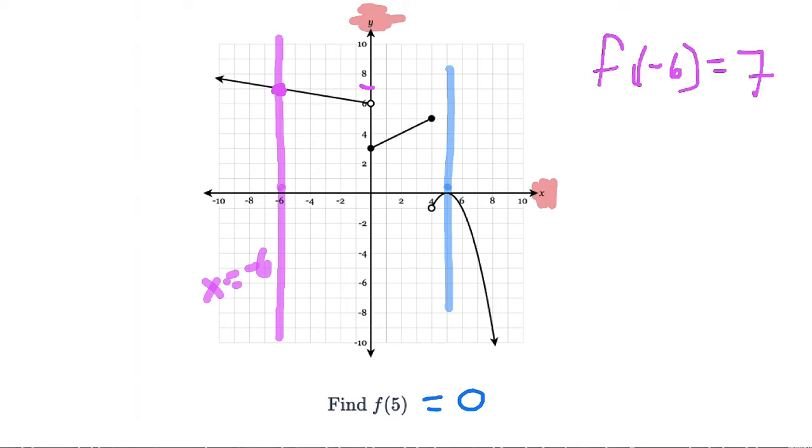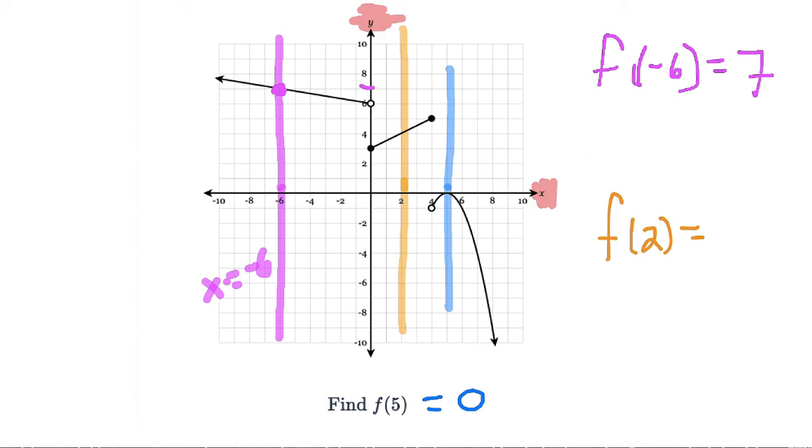Notice there are 3 different parts here, and we use different parts depending on what our x value is. For example, if I did one more and asked, what is f of 2? The x value is 2. So here's 2. We're using this new little part of the graph here.